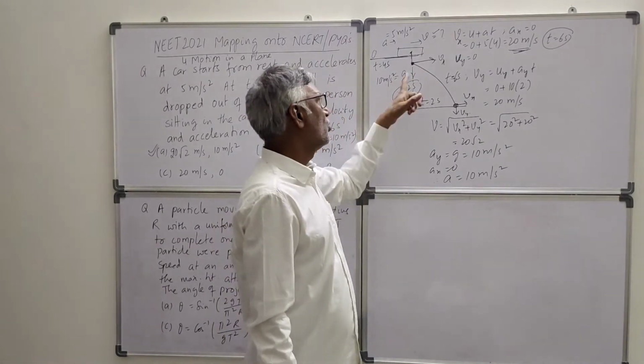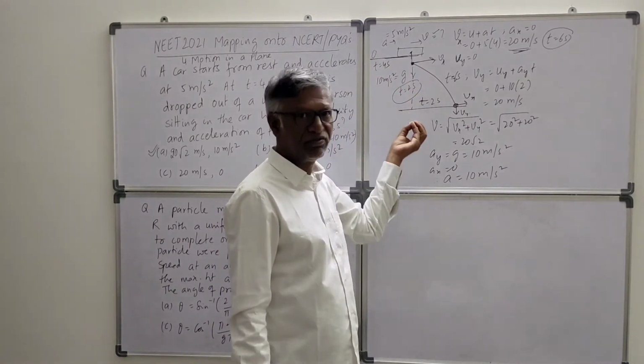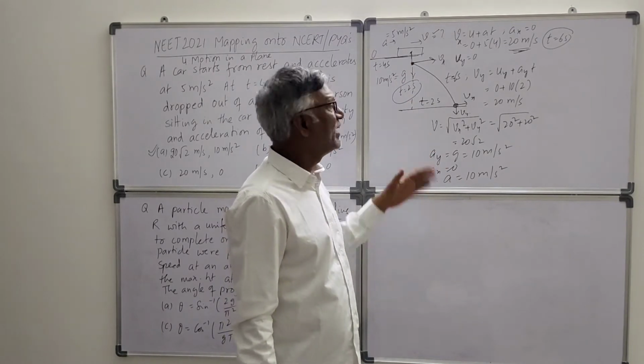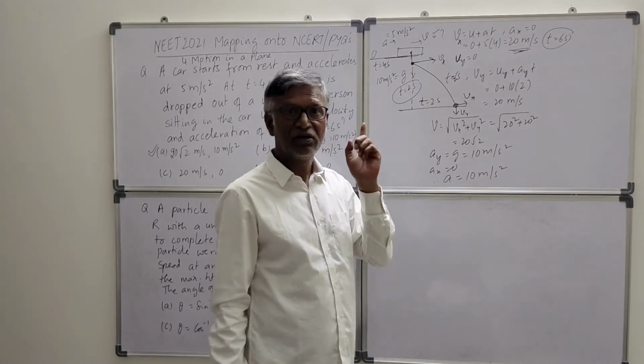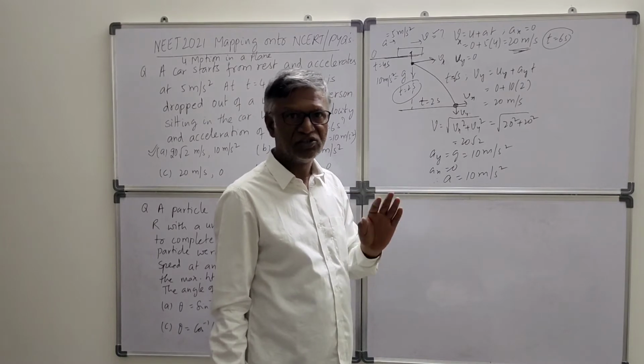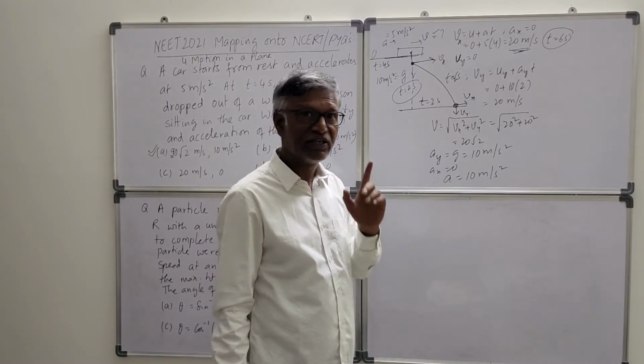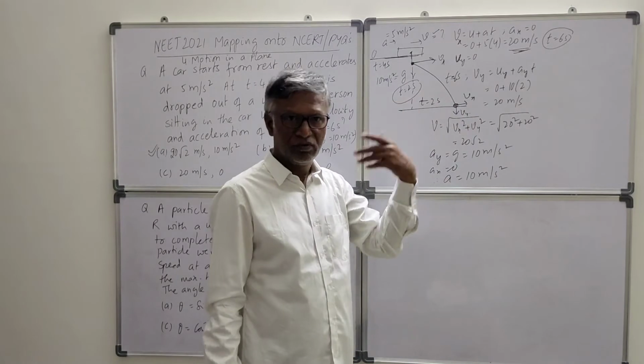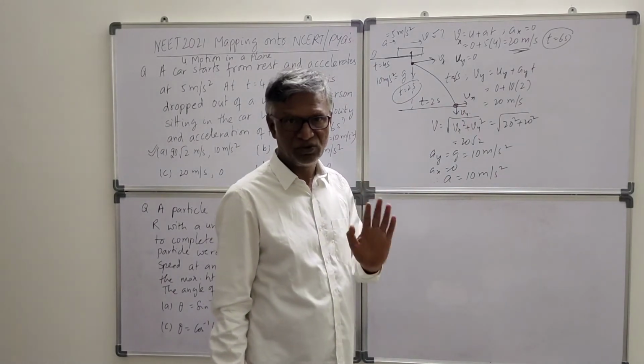Here it is under the action of gravity after coming out. Anyhow, I will be discussing these things in NCERT concepts. While discussing NCERT concepts, I will give the PYQs and discuss there once again.